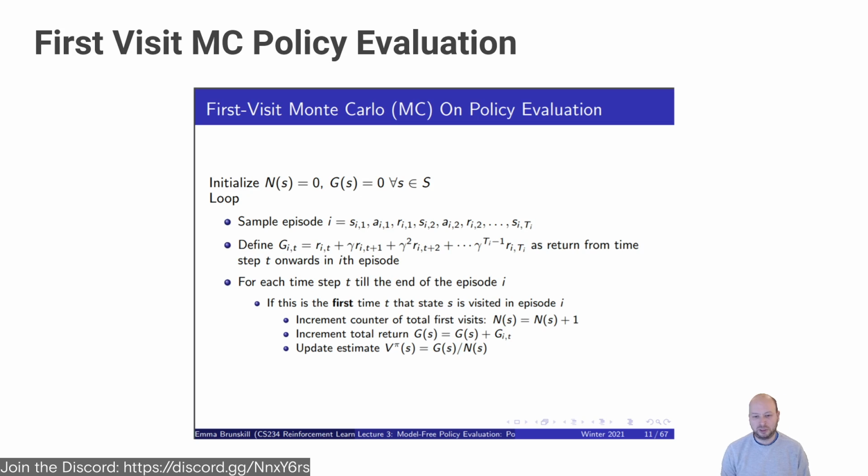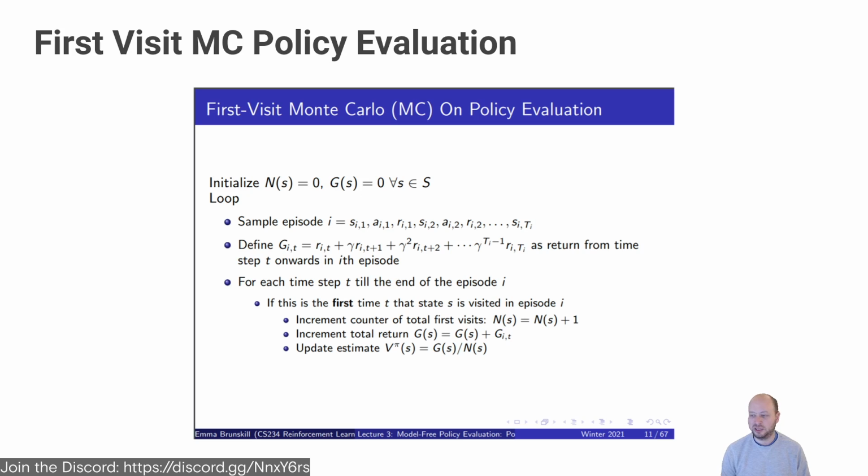Now we sample a particular episode. By that, we sample a state and an action, then we get a reward, we get a new state, and then we take another action. Basically, we run our policy: we take an agent, put it into this environment, run our policy, and keep track of the states we've seen as well as the returns we've seen.